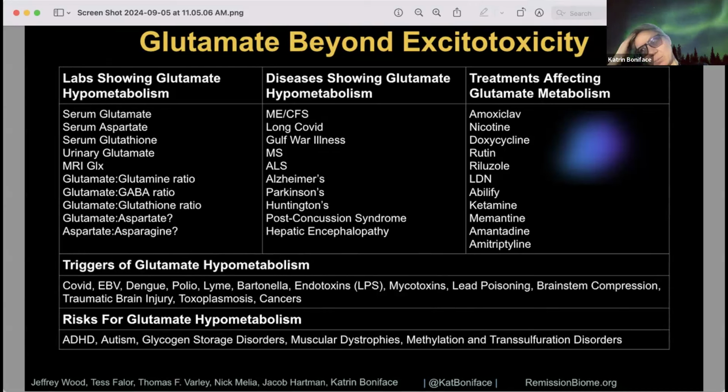And most of the labs that we've seen, at least once people enter the chronic stage, and that's where things get a little weird, whether we're talking about a virus or TBI or anything else, the acute injury stage looks very different from when it becomes chronic. That's one of the main differences: in the acute stage, we tend to see hypermetabolism. A lot being taken up, a lot being converted, and a lot being used. And then we get the burnout.